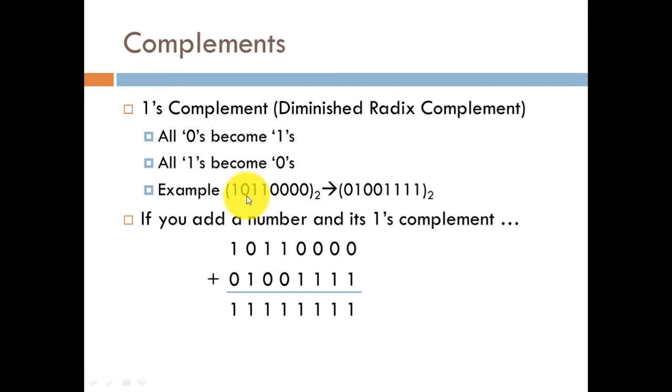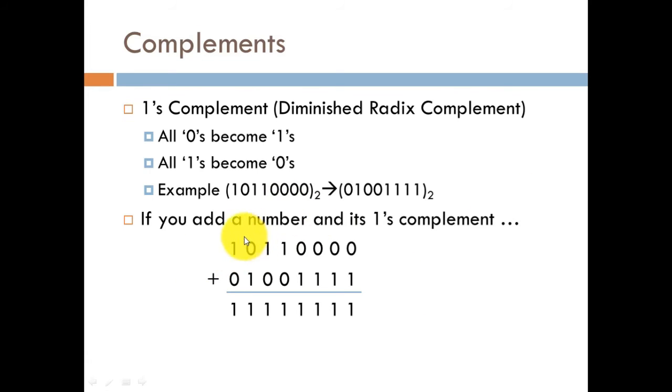So this is how we are going to calculate the 1's complement. For example, this is the binary number for which we need to calculate the 1's complement. The number is 101100. Its 1's complement turns out to be: all these 0s are replaced with 1s, and all these 1s are replaced with 0s. So we are left with this particular number, and this will be the 1's complement of this number.